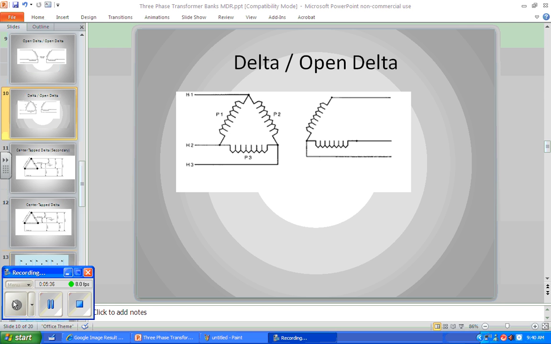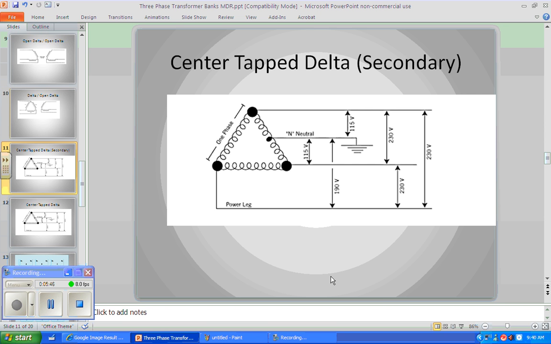As I started to say, we also have a center tap delta that's much more common than an open delta, and it's used to supply 120 volt loads from one of the phases. We want 120 volt single phase because we've gone from a little industrial plant that only had motors and motor control stuff, and we're suddenly adding a little office.